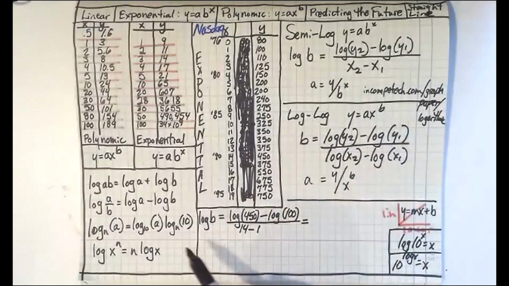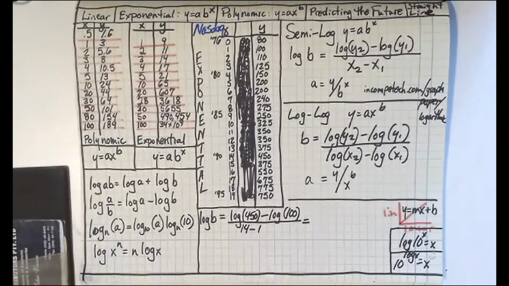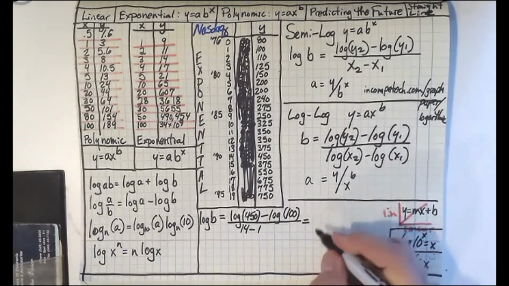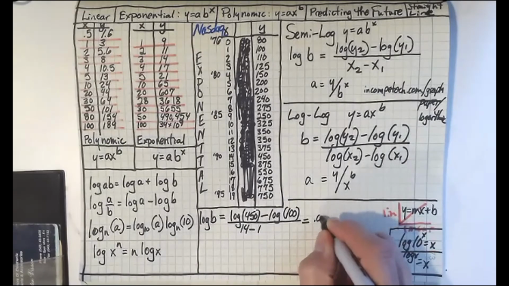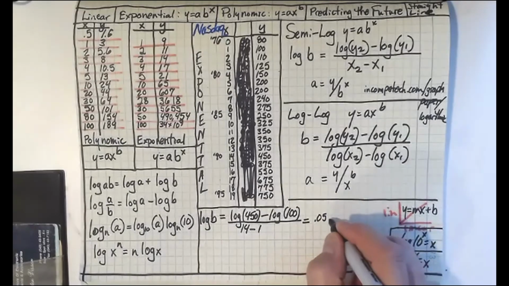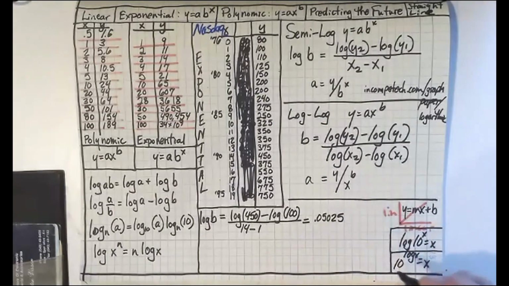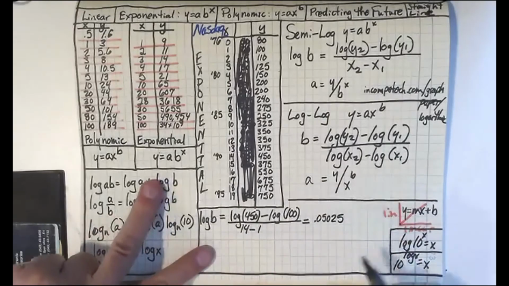Okay, so for that, to find out what the log of b is, I've got to take the log of 450 minus the log of 100, and then divide that by 13, and I get 0.05025, right? Now that's the log of b.